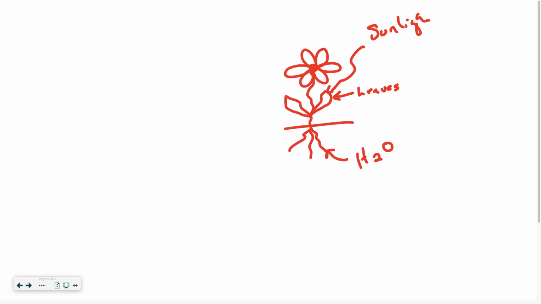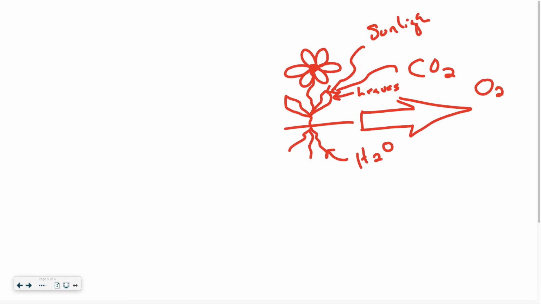Carbon dioxide. And what does the plant give back to the environment? Oxygen, all the time, and glucose, if it happens to get eaten. It's there, it's available.